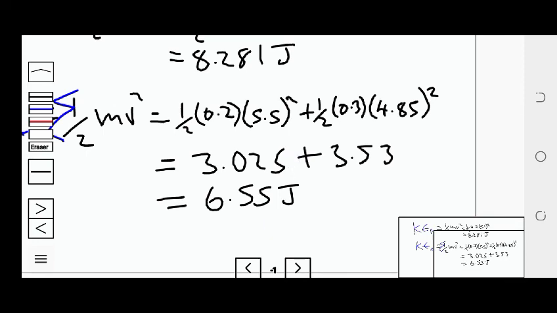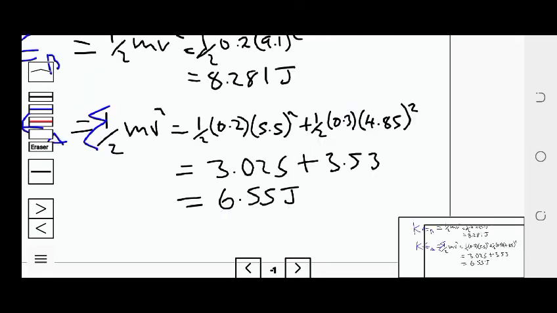So when you compare these two values, we'll compare them by subtraction, and therefore we're just going to do 8.281 minus 6.55, and we're going to get 1.73.